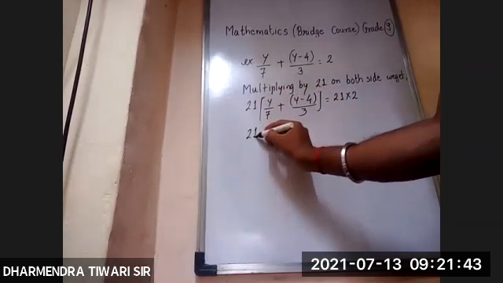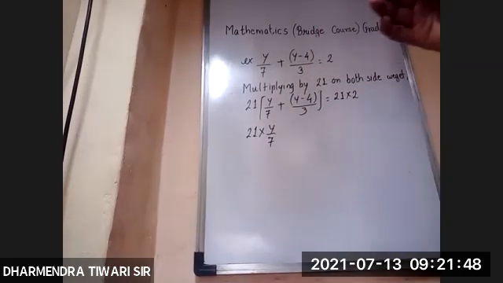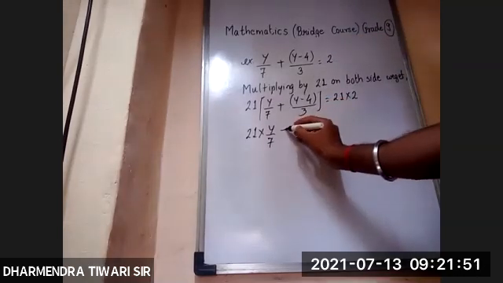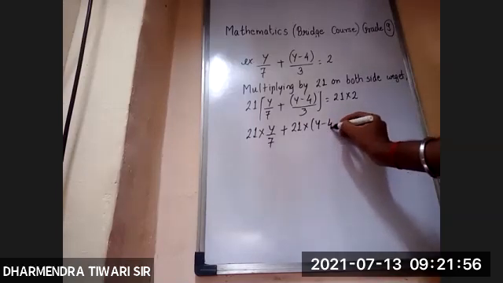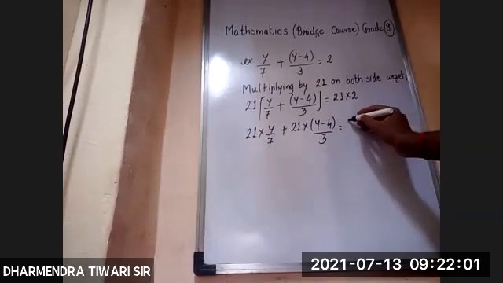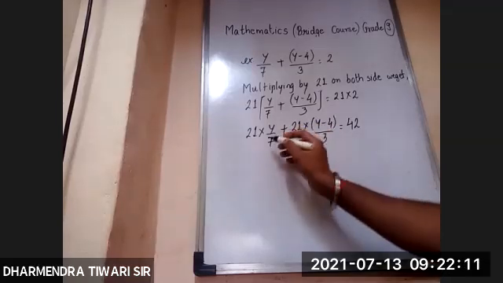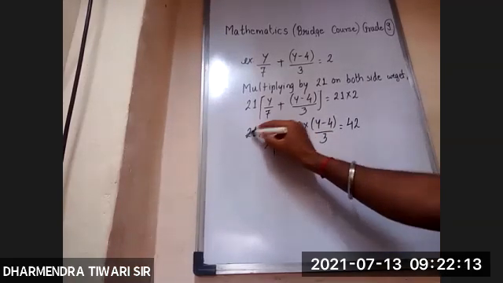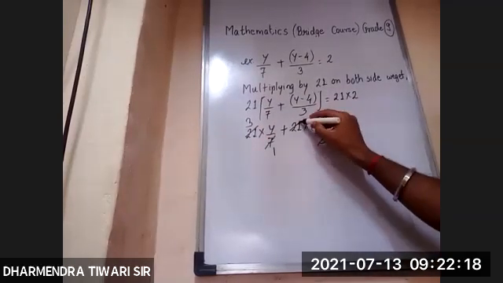So 21 into y by 7 plus 21 into y minus 4 upon 3. 21 twos are, you should be good in your tables, 21 twos are 42. With our observation, 7 ones are 7, 3s are 3, 7 threes are 21.